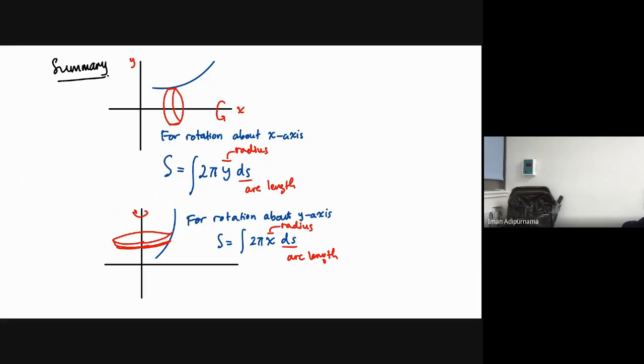The arc length is only square root of 1 plus dy dx squared, or dx dy squared, dy or dx. Then rotate about the y-axis, it's x, the radius. Rotate about the x-axis, it becomes y, the radius. I think I can deliver the quiz to you, and you can check your score.